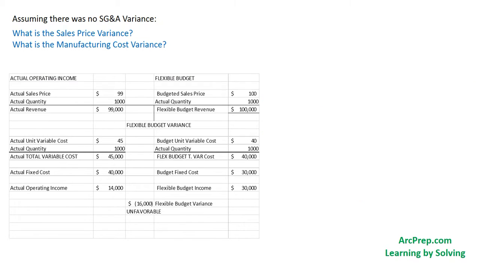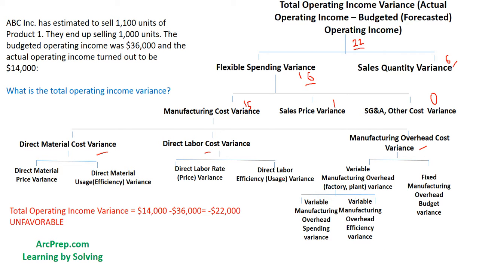Now let's go back and rewrite our numbers. We know that this is 1,000, this is the difference. The direct labor cost variance is 2,000. Variable manufacturing overhead, we calculated that is 2,000 as well.